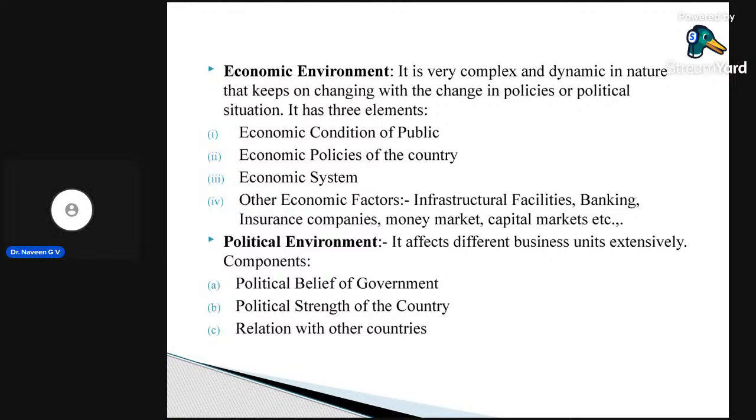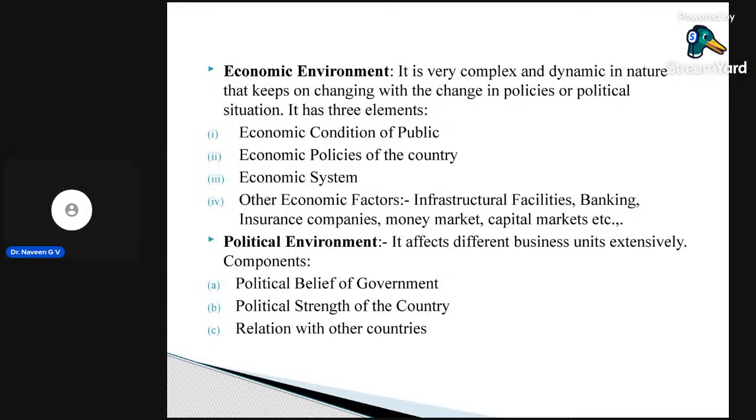The economic system existing in a country also affects the business environment. The economic system of the country may be free enterprise, socialist, communist, or mixed. Like this, the economic system is also included under the economic environment.